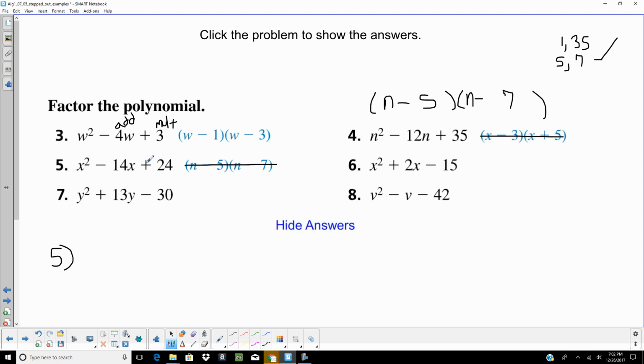The way I can multiply to 24 is 1 and 24, 2 and 12. That would give me 25. And that gives me 14. So I'm going to have, and they're both going to be minus, so it's going to be x minus 2, x minus 12.